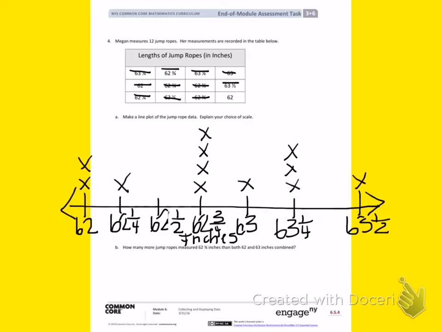There is my data plotted on my graph. Notice that there are no X's above 62 and 1/2.